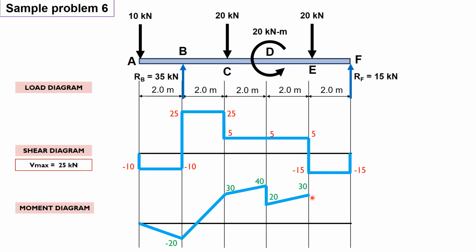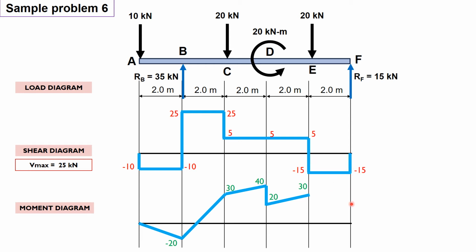Again, from 30 going to F. So from E to F, you have negative 15, and the total length from E to F is 2. So that the total area of this is negative 30.